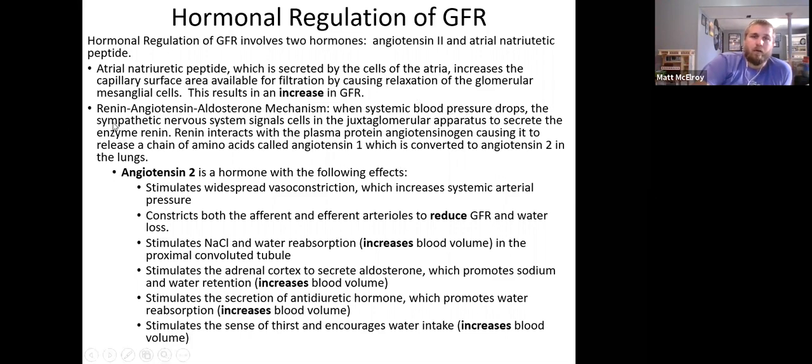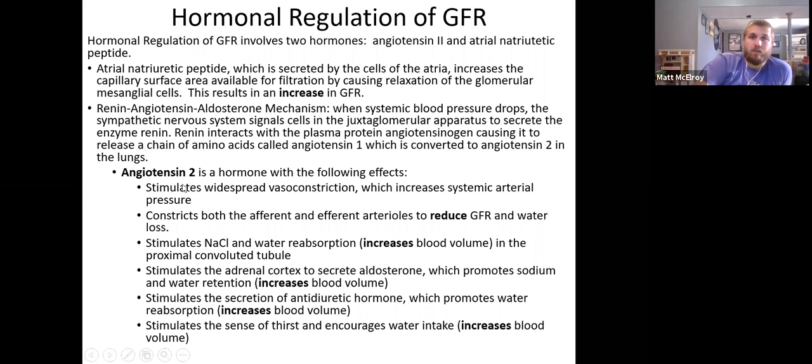Okay. It involves the sympathetic nervous system signaling cells in our juxtaglomerular apparatus to secrete the enzyme renin, which interacts with a plasma protein, angiotensinogen, causing it to release a chain of amino acids called angiotensin 1, which is then converted to angiotensin 2 in our lungs.